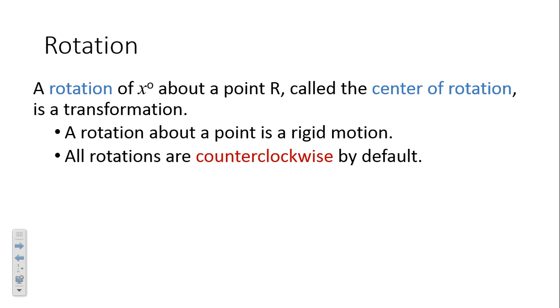So remind me, what is a rigid motion? When you think of motion, what do you think of? Something moving, okay? Rigid, what does that mean? Rough, doesn't change, doesn't give.